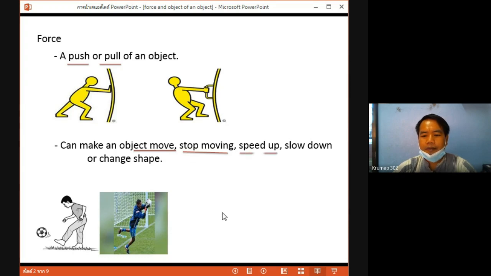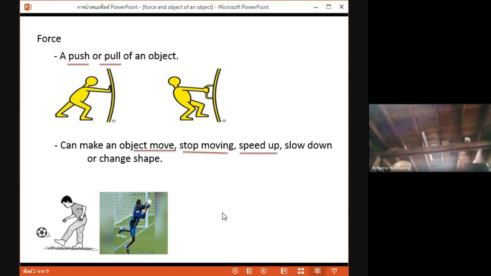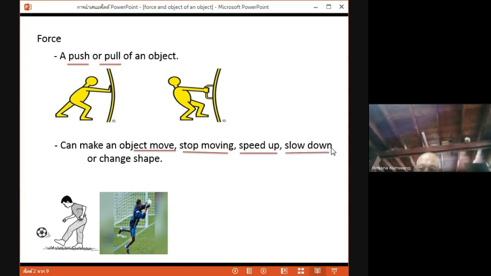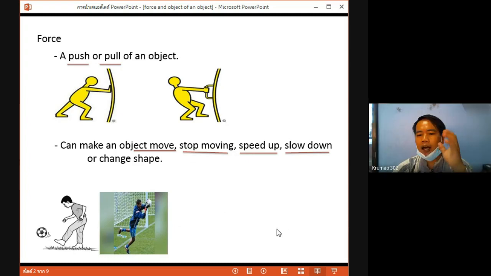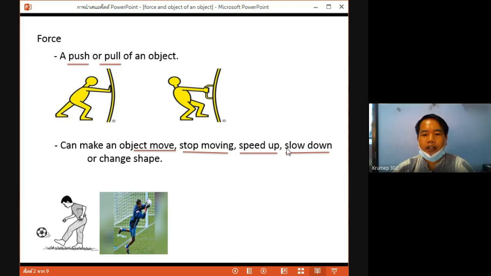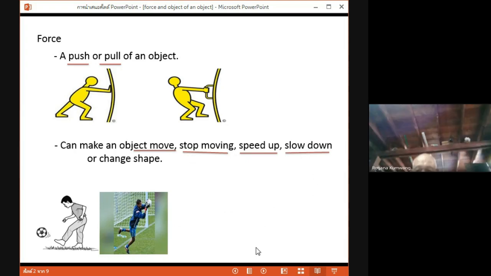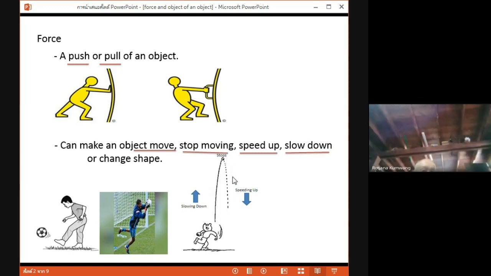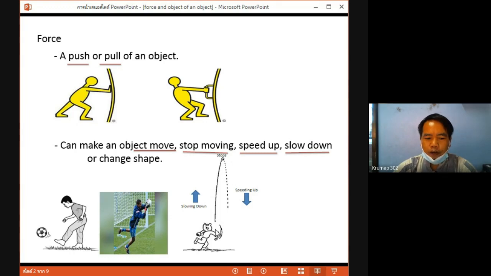Another is speed up and slow down. Speed up is faster and slow down is slower. For example, in this picture, if you throw a stone in front of you, it will go slow.